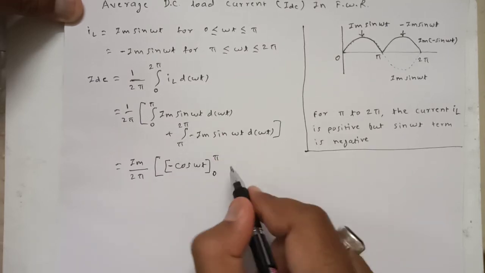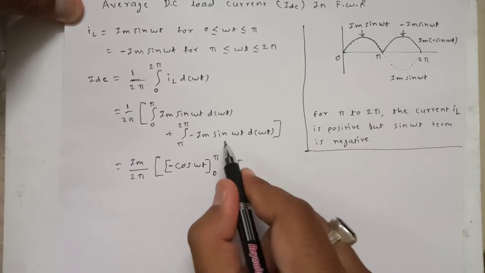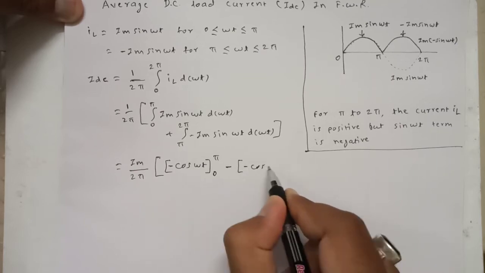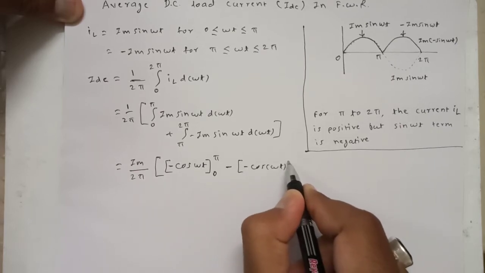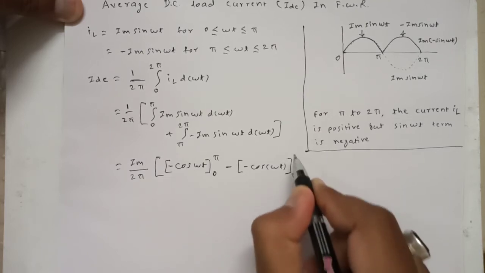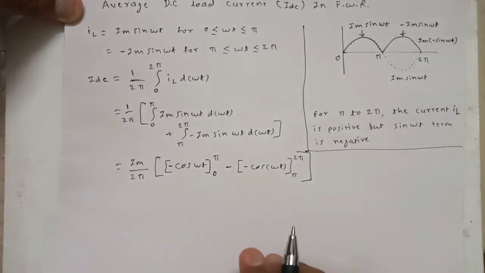Now this minus sign I will take outside, that's why it is minus, and again we have the integration of sine, minus cos omega t, with its limits from pi to 2 pi, and the final bracket is completed.